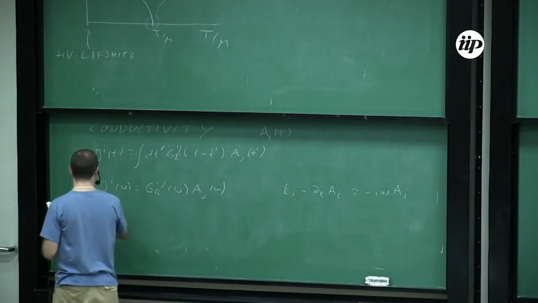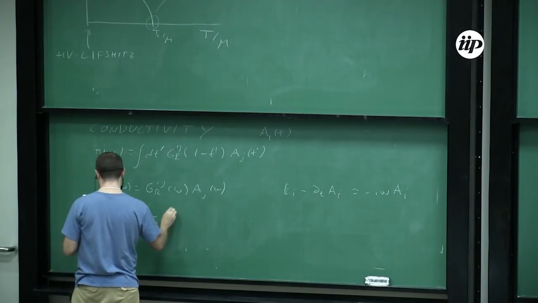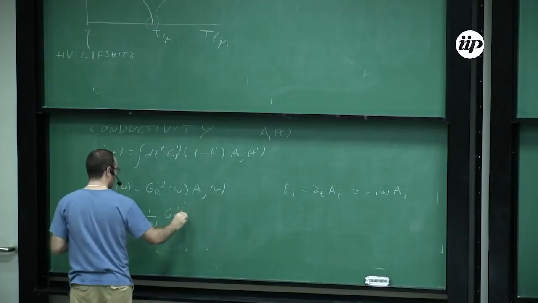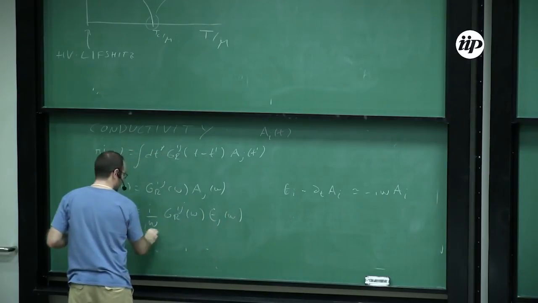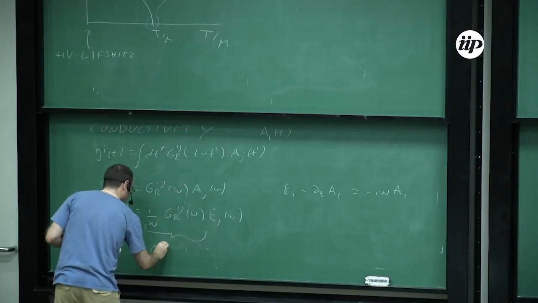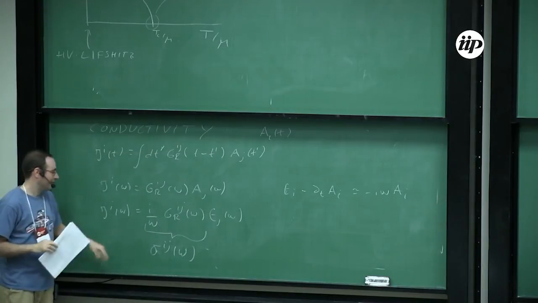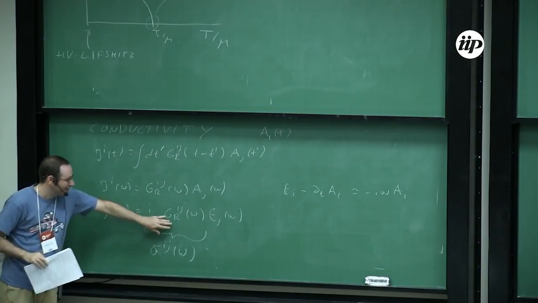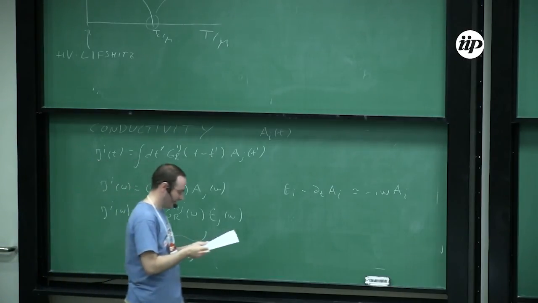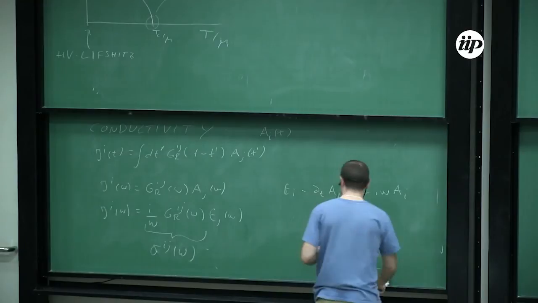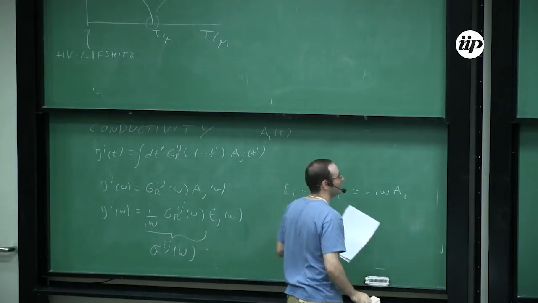So you can write this equation in the usual way: i over omega, the retarded correlator times the electric field. And then this is the DC conductivity. So the Kubo formula that relates the conductivity to the retarded correlator is making these two things the same. So we want to compute this retarded correlator and then from it the conductivity.